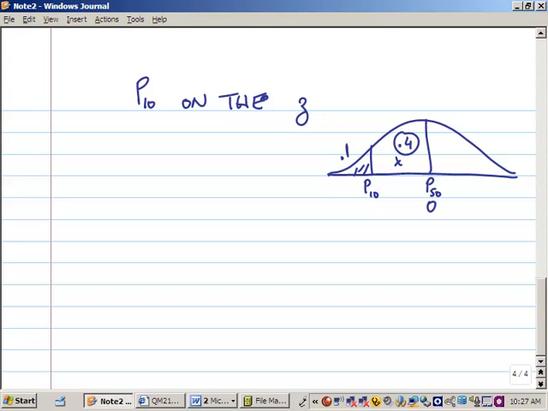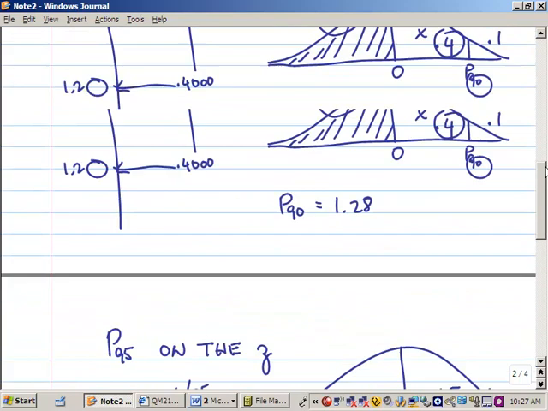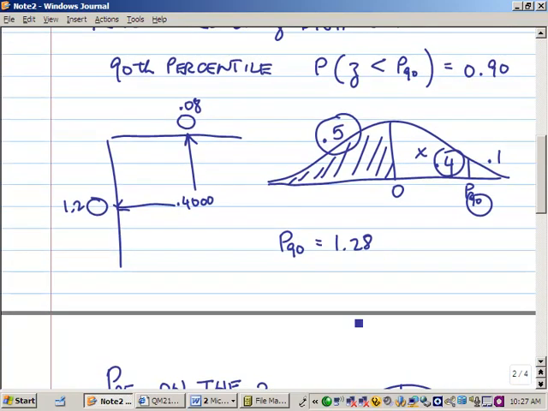Remember though that the numbers on this side are negative numbers, while on the other side you have positive numbers. We've found the z value that gives us a probability of 0.4 in our first example, and that was 1.28.